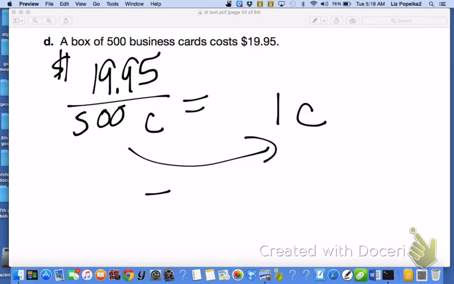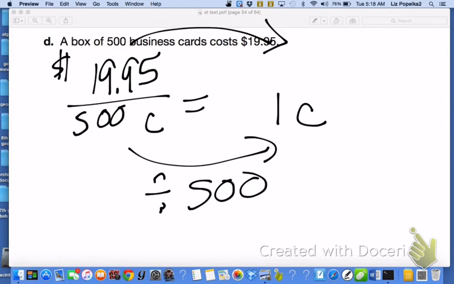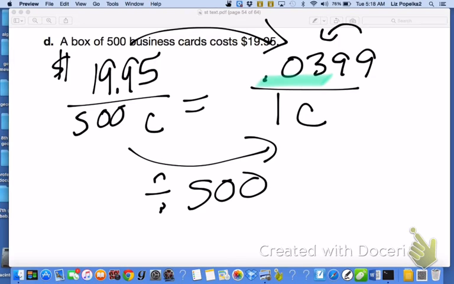So I scaled down, dividing by 500, which means I need to scale this part down by 500. I get 0.0399. Because we're talking money, I'm just going to use these first two decimal places. That 9 is going to round that 3 up. So that means it's going to be 4 cents for one card. So 0.04 for one card.